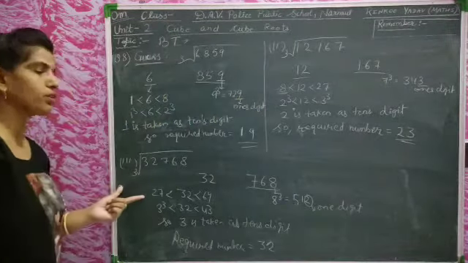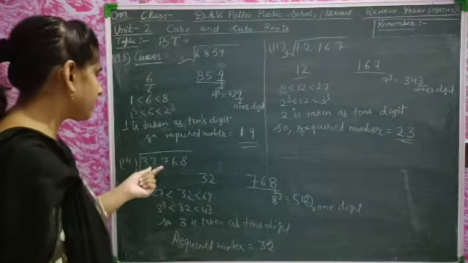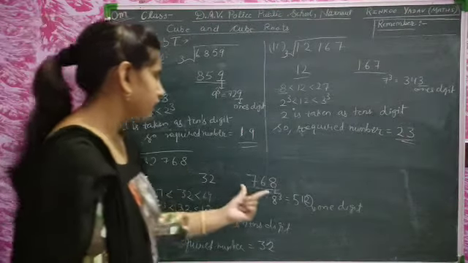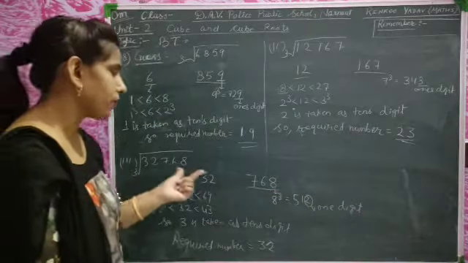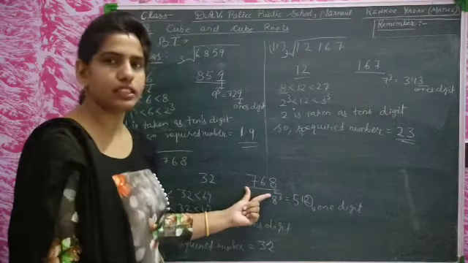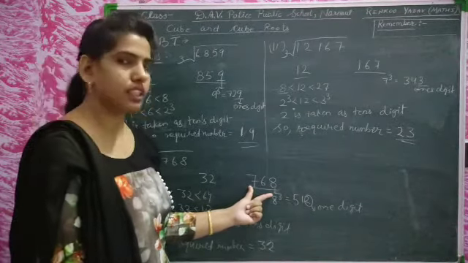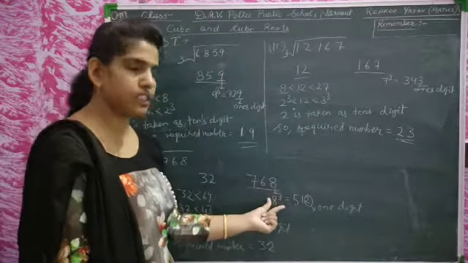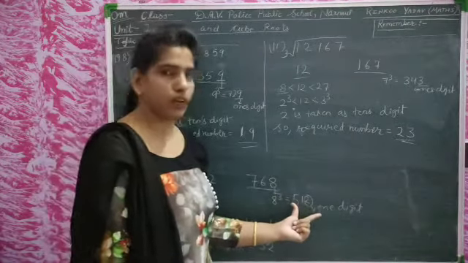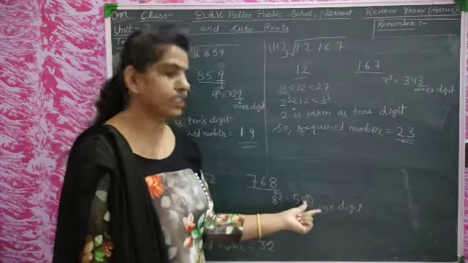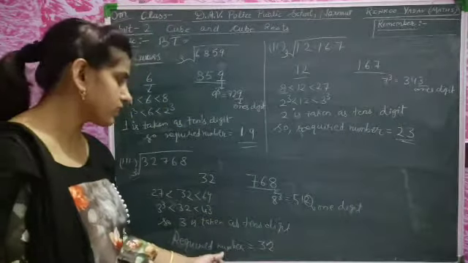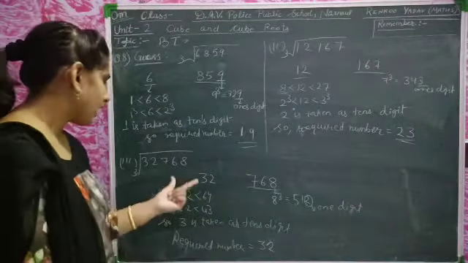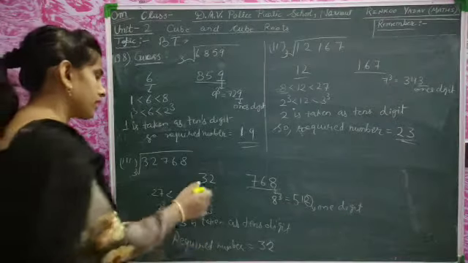And now we will go to the last question, 32,368. In this, there is a grouping from the right side. This is 768, and its ones place digit is 8. The cube of 8 is 512, and its ones place digit is taken as the ones digit in the required number. And there is the number 32 in the second group.